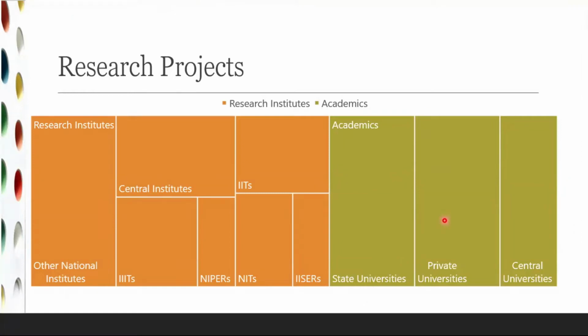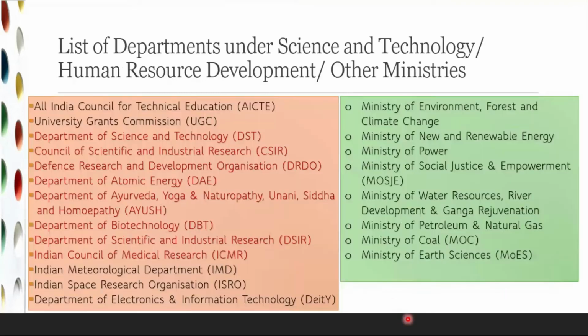a private self-funded university. The other option is that you work in a core research institute like national institutes, IIITs, NIPERs, ICERs, and other central research institutes. So the Ministry of Science and Technology has different departments, and these departments have several central institutes and research labs developed under them.